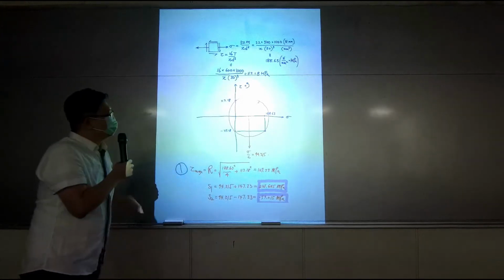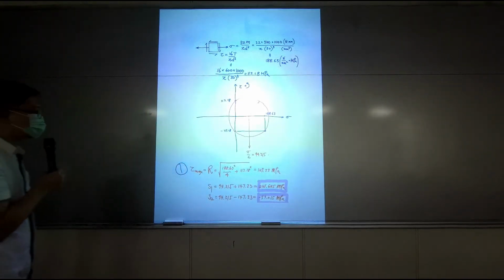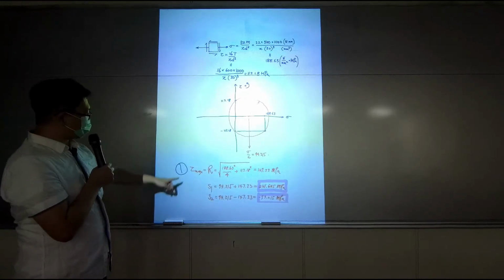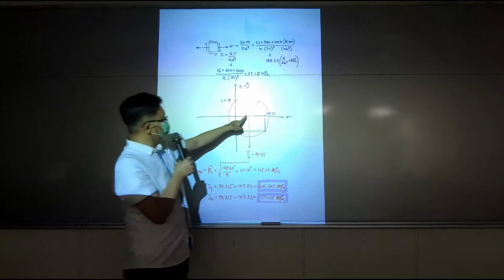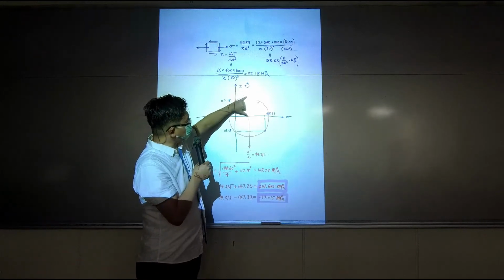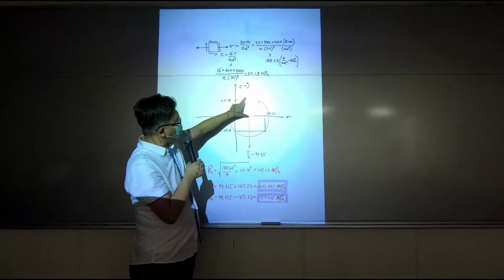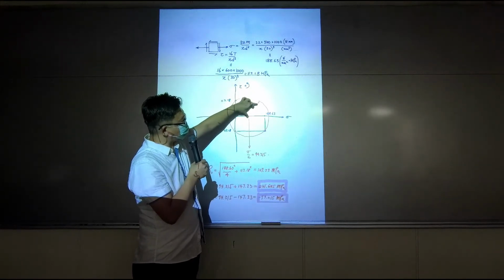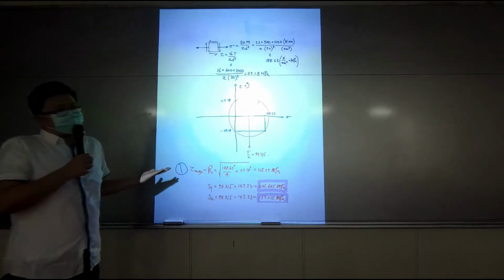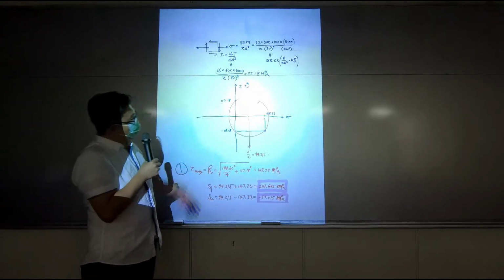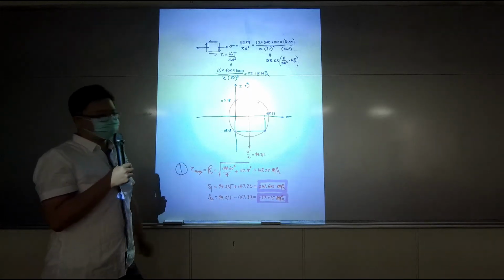Then I draw the Mohr circle, and I calculate the maximum shear stress. The maximum shear stress basically is right here, and this is basically the radius of the circle. You don't even need to memorize the equation. If you have a figure like this, you should be able to calculate the radius.